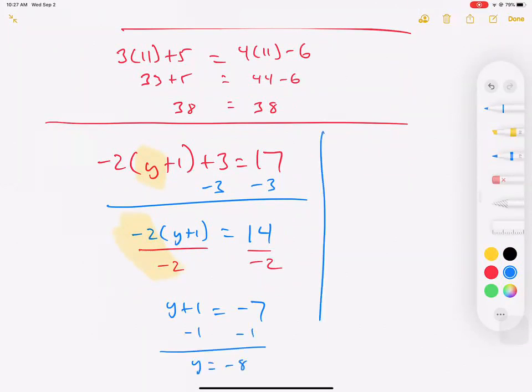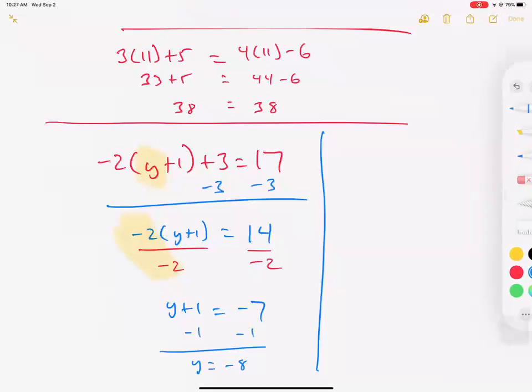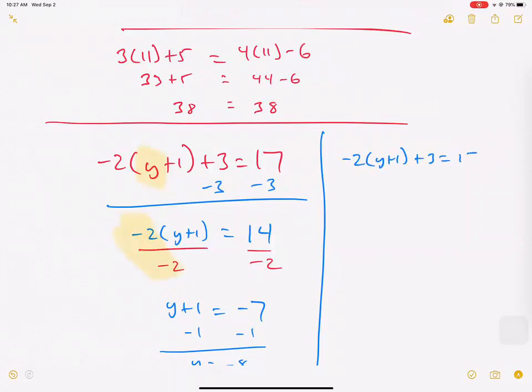But instead, we could have done this by the distributive property. We could have said negative 2 times (y plus 1), plus 3 is equal to 17. Right now, in your notebook, go ahead and distribute the negative 2 to the front and back.